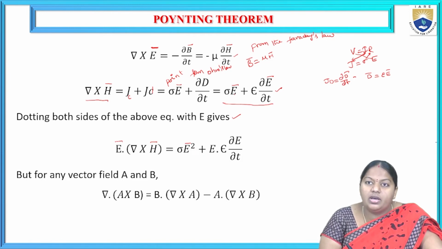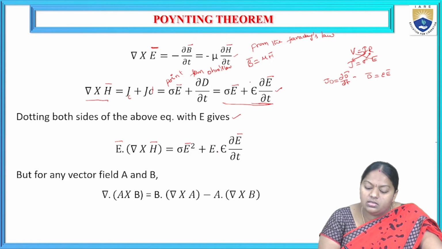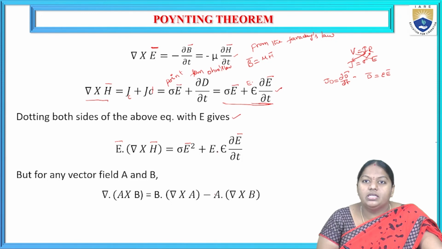Already sigma into E bar is there, again we are multiplying this with E, so it becomes E bar square. Likewise, E dot epsilon dou E bar by dou t.